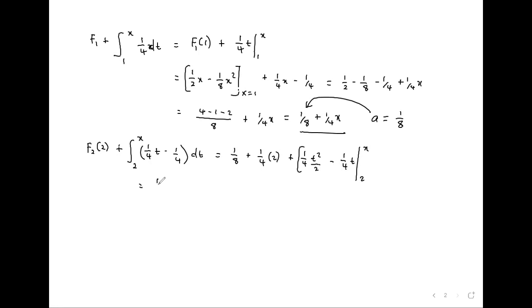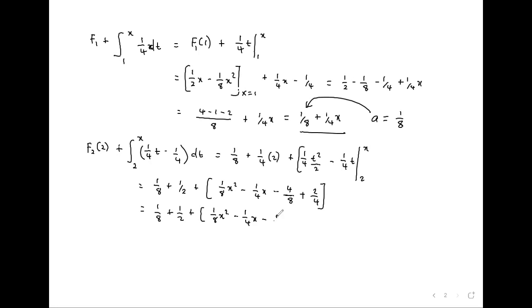So we're getting 1 over 8 plus 1 over 2 plus, you substitute x there, you have 1 over 8 x squared minus 1 over 4x, minus, you substitute 2, you get 4 over 8 minus 2 over 4. This is giving us 1 over 8 plus 1 over 2 plus 1 over 8x squared minus 1 over 4x.